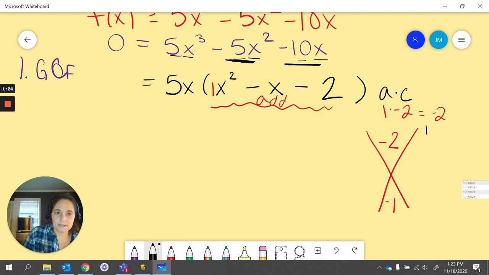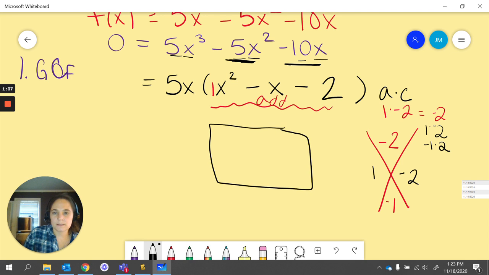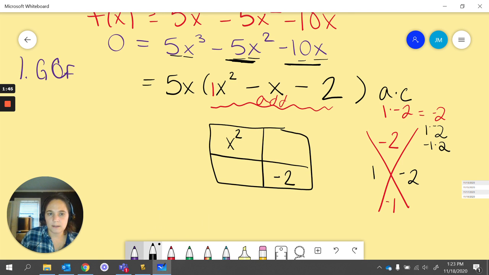So you make your list, 1 times negative 2, negative 1 times positive 2, it's going to be 1 and negative 2. So we are going to make our box. The first term goes in the first box, and the negative 2 goes in the diagonal box. And then these two factors that we came up with go in either of the other boxes.